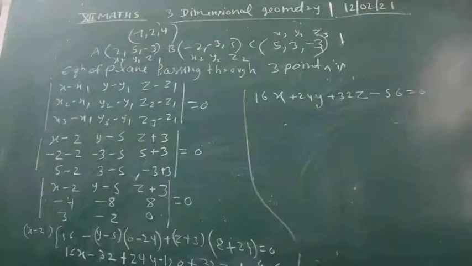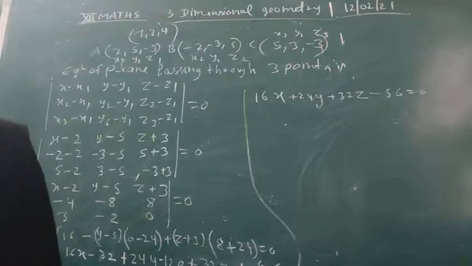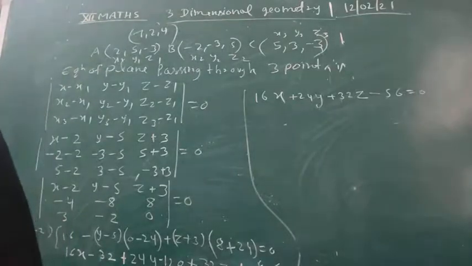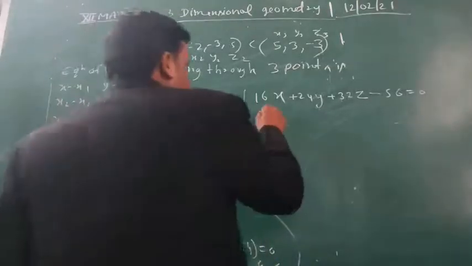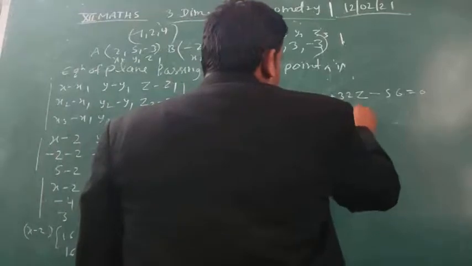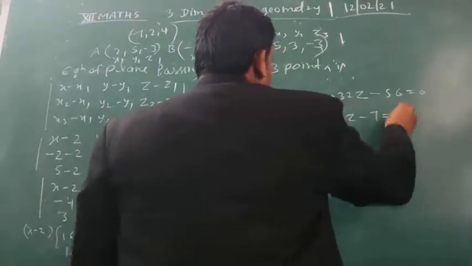Okay, so students, now we take 8 common, so we write 2x plus 3y plus 4z minus 7 is 0.